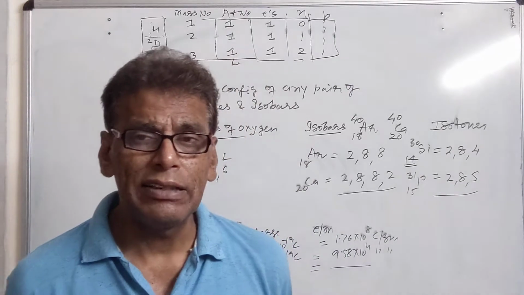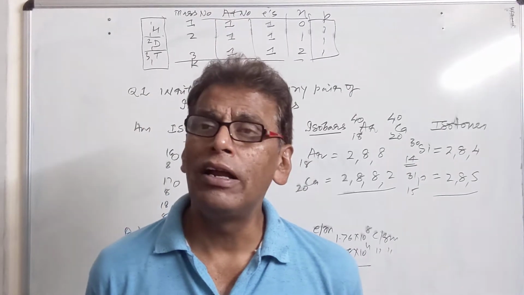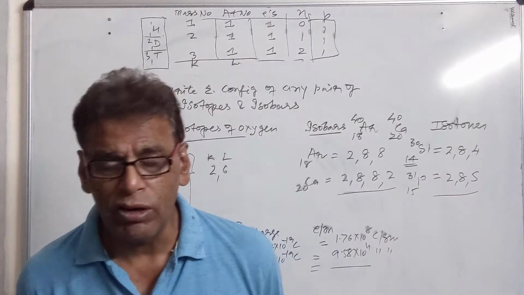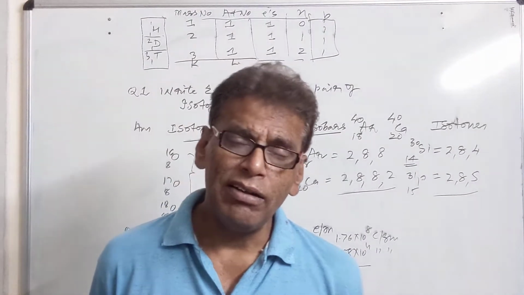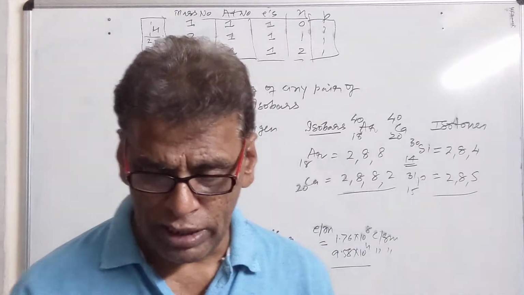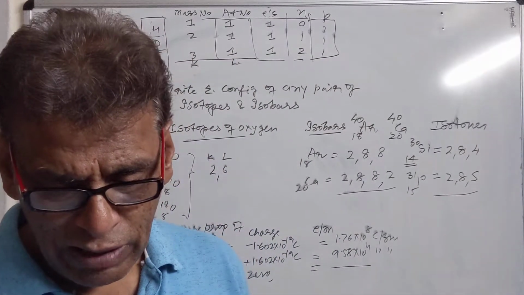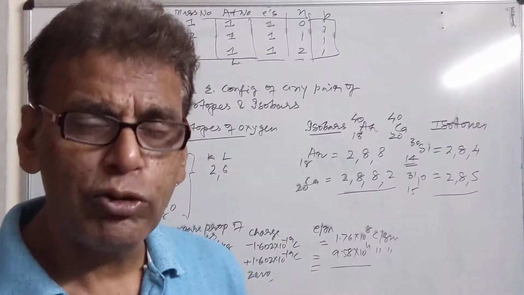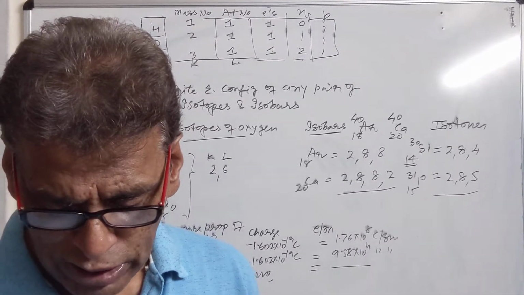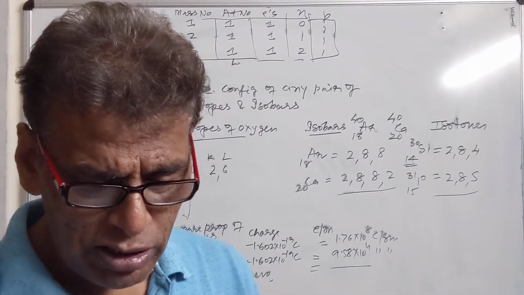Due to this attraction, the system will go on losing energy, and the path of the electron will become shorter and shorter, and ultimately it will fall into the nucleus, resulting in the collapse of the atom, but the atom does not collapse. So Rutherford could not explain this phenomenon.